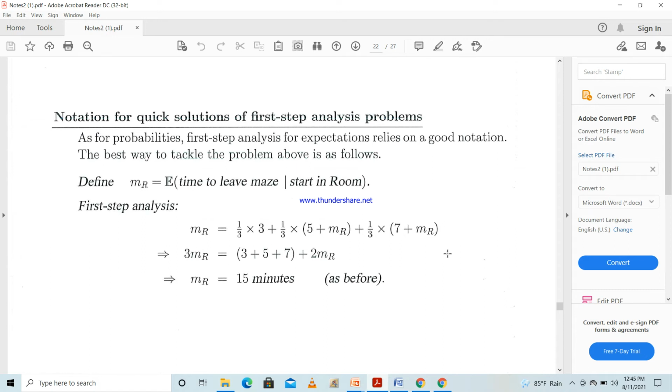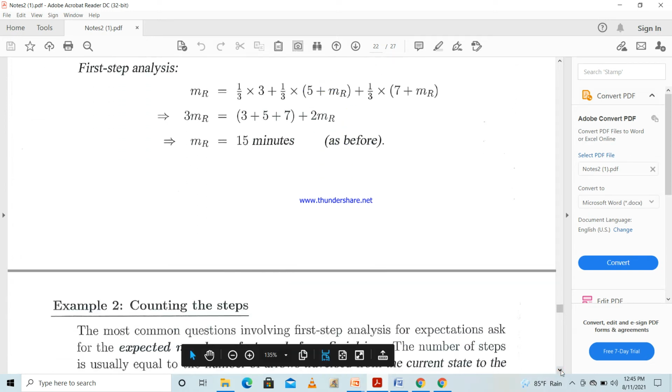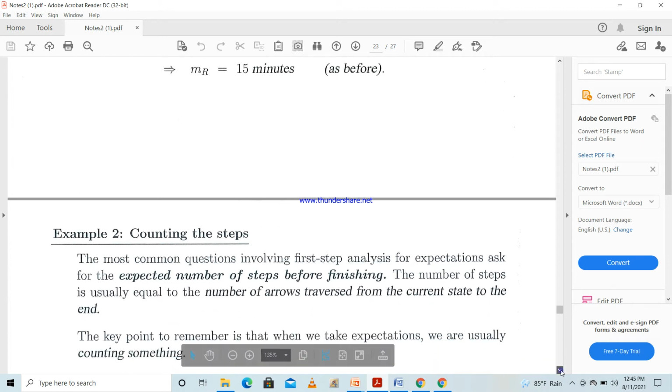So plus MR. Now if you look at this equation, the only unknown term is MR. So that is what we are interested in. If you simplify this, you will get MR equal to 15 minutes. So whatever method you use, you'll get the same answer as before. I hope that is clear.